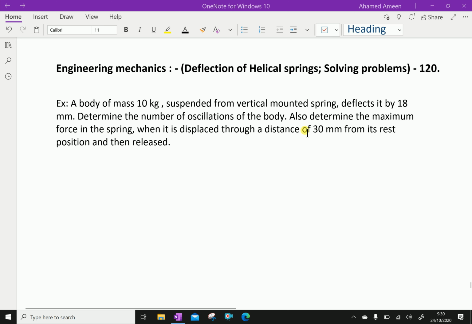Next, and displacement x equal 30 mm. That means 0.03 meter.